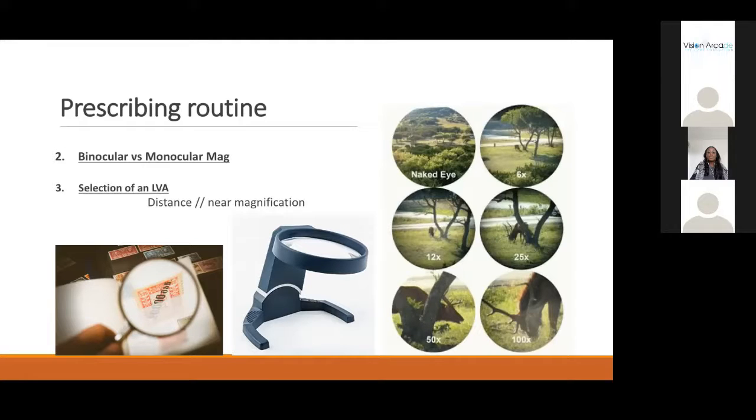And of course, the object can be made a bit larger, but that's typically restricted to a magnification of about 2 times. Real image magnification is also possible with CCTV for near. And then you also have telescopes for near as well, which are helpful if the patient wants to perform manipulative tasks.